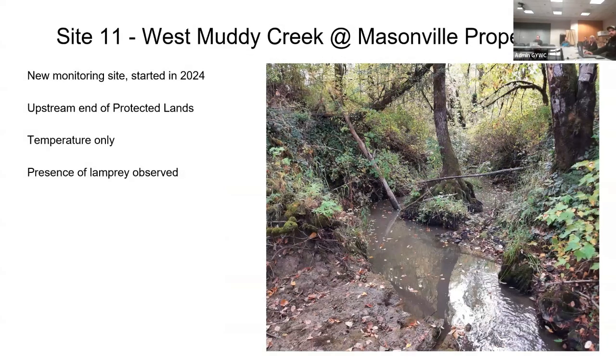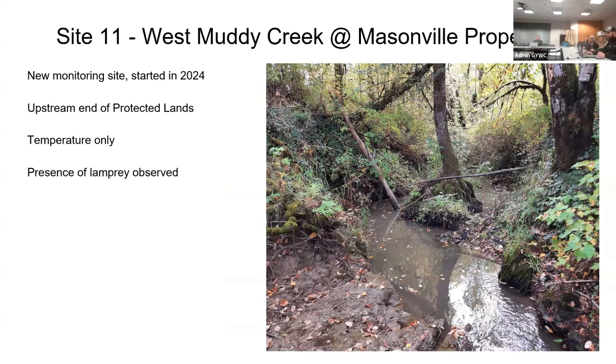Then I wanted to start to capture maybe differences occurring within our properties at the Muddy Valley Habitat Reserve. This is the most upstream access point that we have here. I think you can see it's pretty highly incised, and the substrate's mostly very fine sediment.